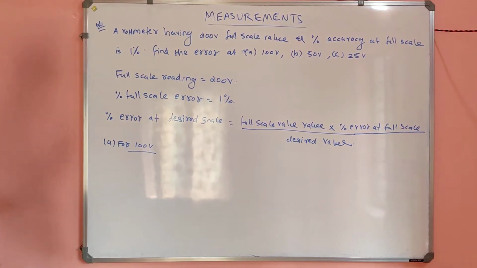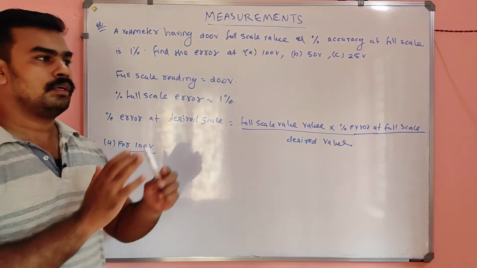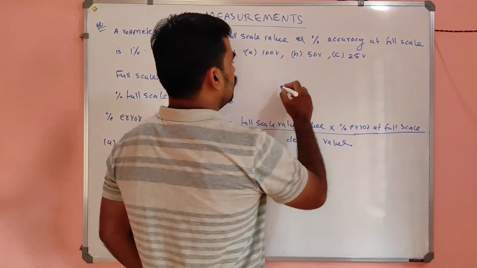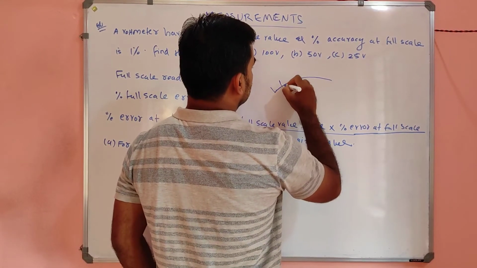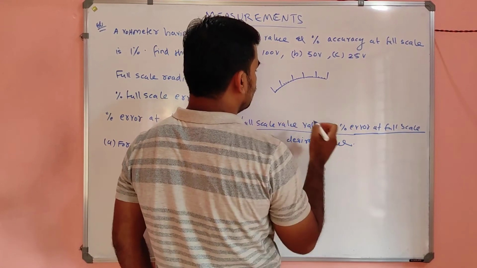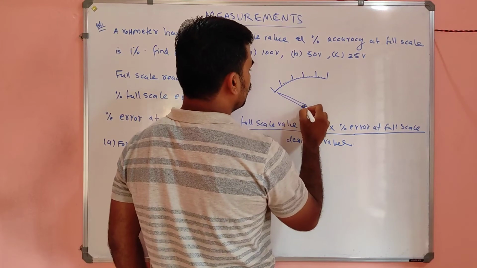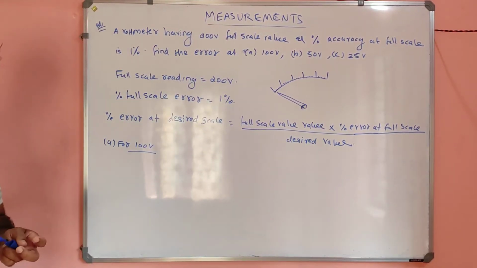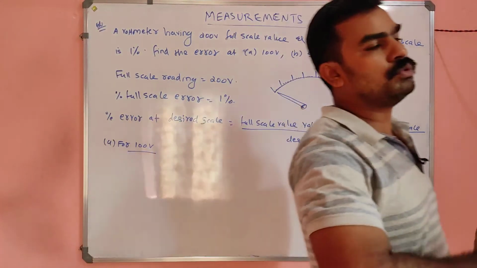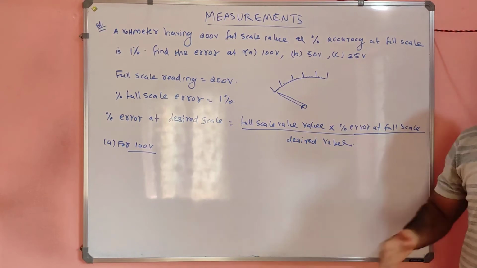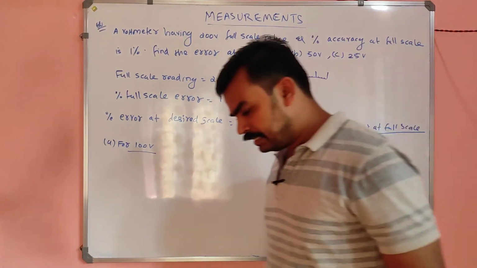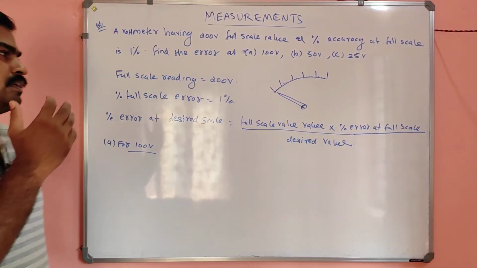Listen. A voltmeter or an ammeter, any meter, has certain error in its reading due to many reasons. It may be due to spring tension loss, measurement problems, or magnetic leakage, anything. So there will be some error.